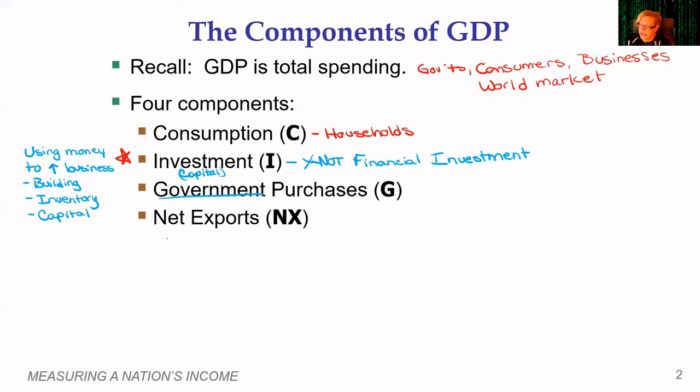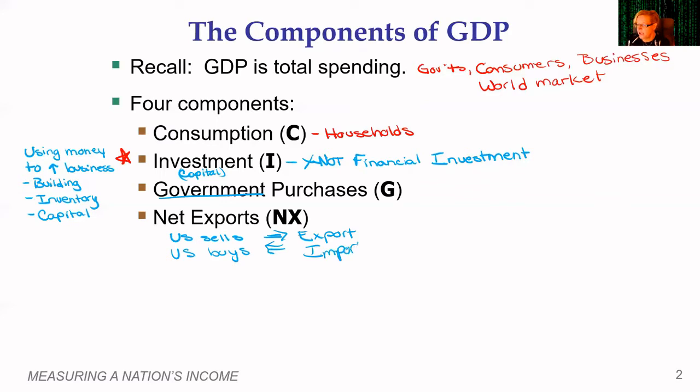And also net exports. And what net exports are: anything that the U.S. sells to the rest of the world, we would call that an export from the U.S. And anything that the U.S. buys, we would call that an import.